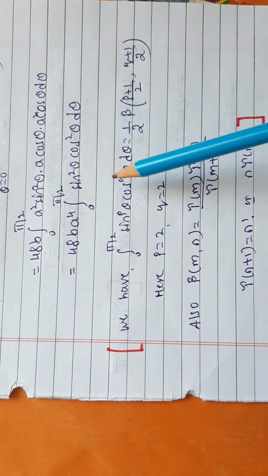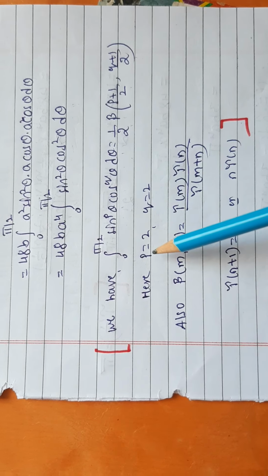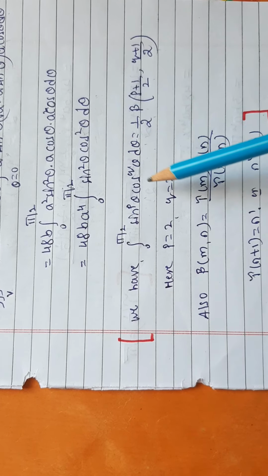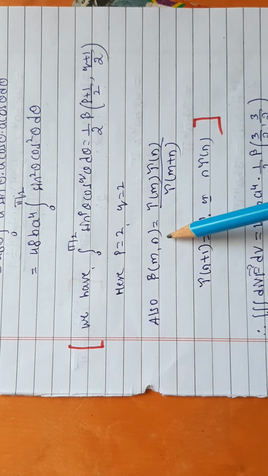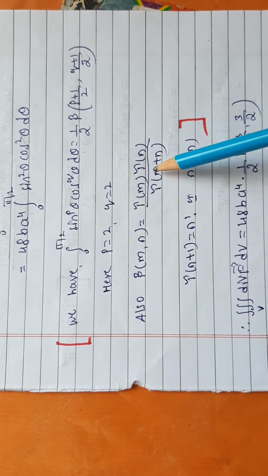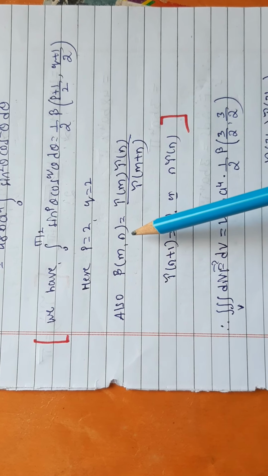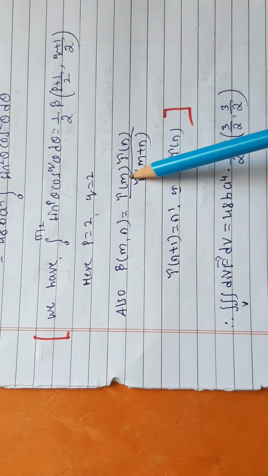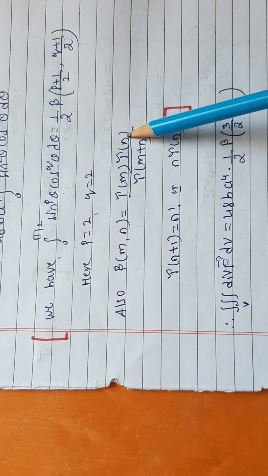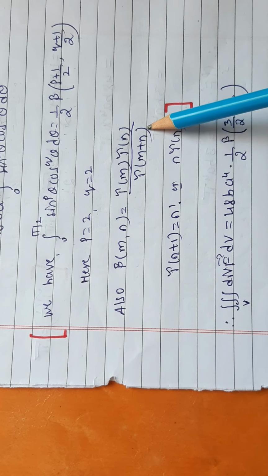Now comparing this integral, the value of p is 2 and q is 2, and also we have the relationship between beta and gamma function, that is beta of m, n is equal to gamma of m into gamma of n divided by gamma of m plus n.